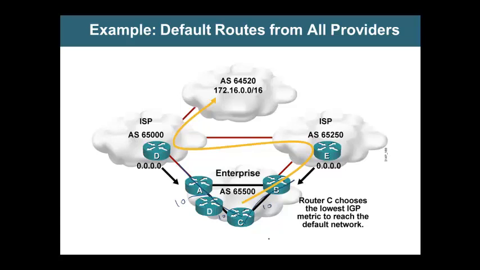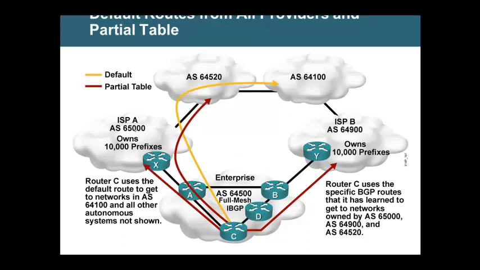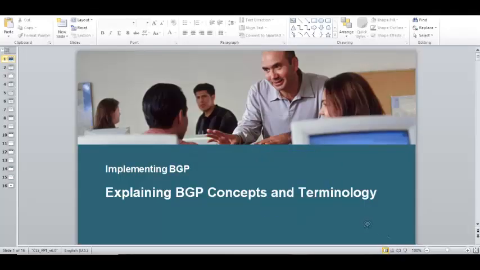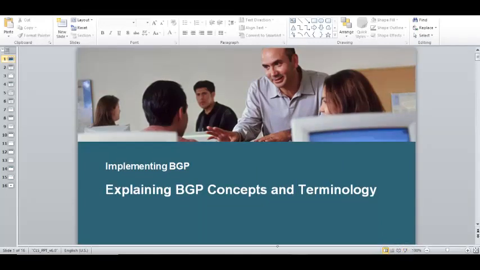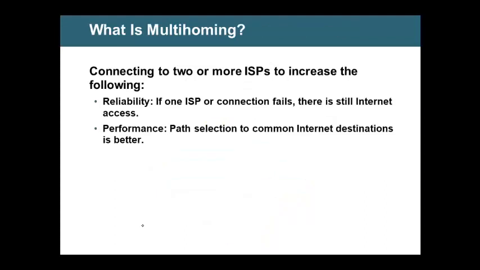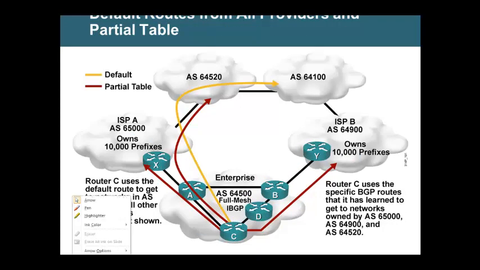Secondly, in the same multi-home scenario, you may be learning a few prefixes. You may be learning 10,000 prefixes from the ISP and the same 10,000 prefixes from another ISP.